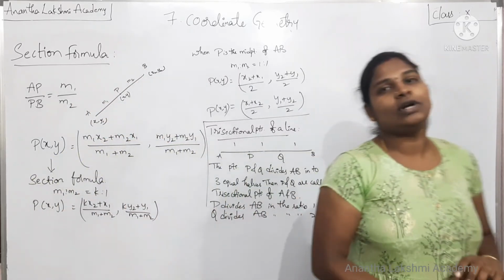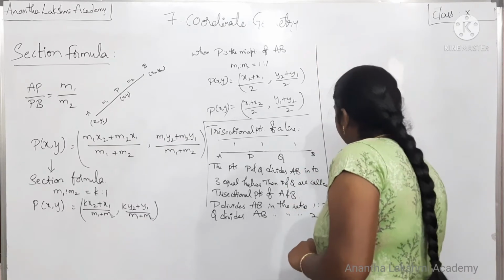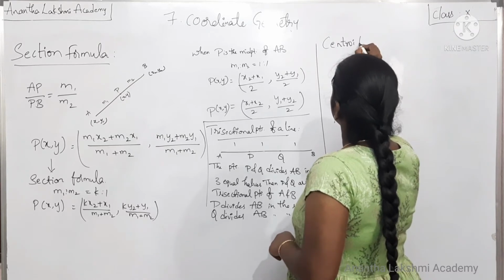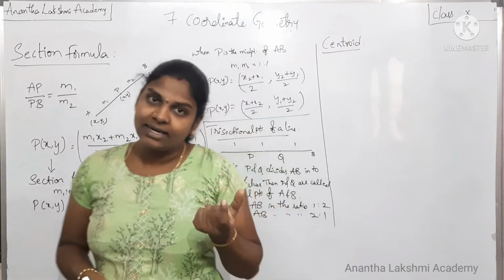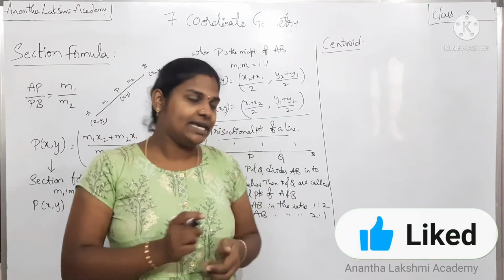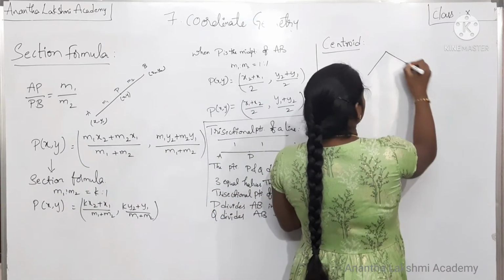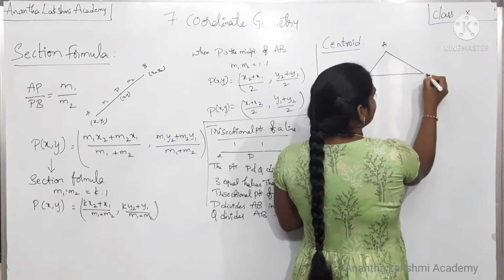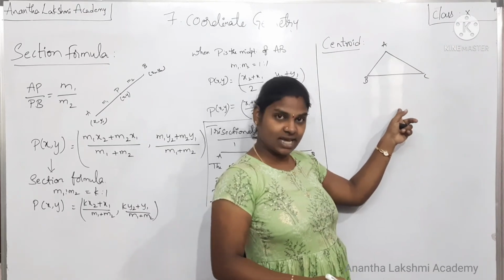Let me tell you one more important concept, which is nothing but the centroid. Now, what is centroid? Centroid is nothing but the point of concurrency of medians. Medians are nothing but the lines drawn from one of the vertices to the midpoint of the other side.